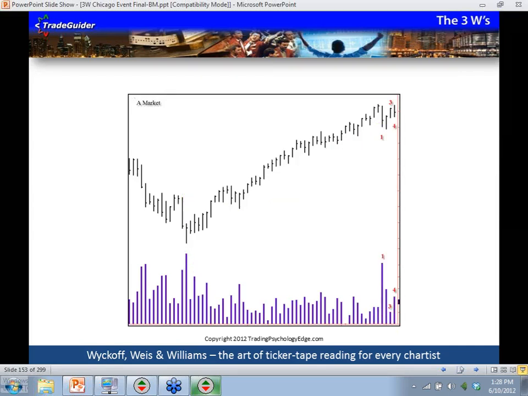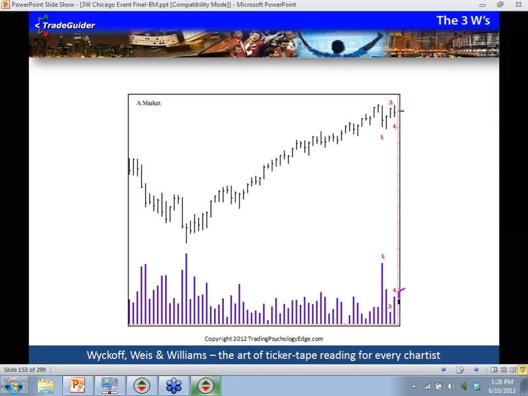What happens on bar 4? Closes in the middle, doesn't it? It attempts to rally up above the high of 3, and volume comes in here. It's not massive volume, it's not huge volume, but it's certainly larger volume than bar 3.